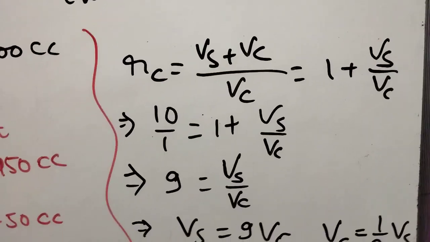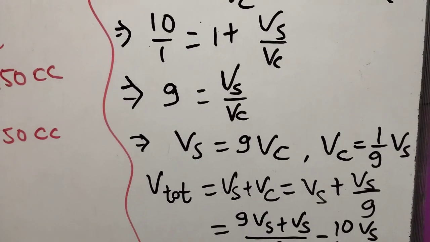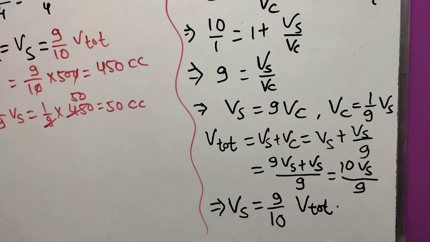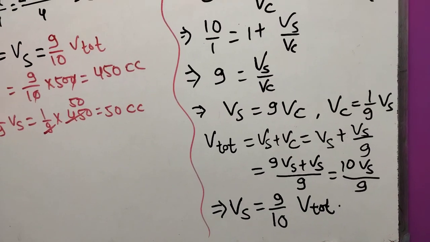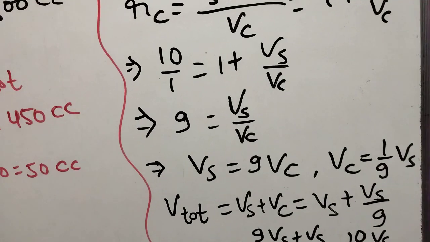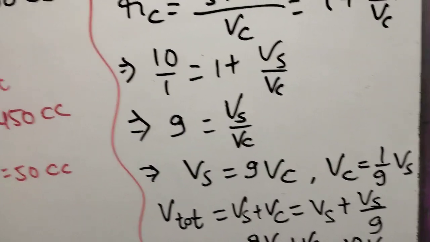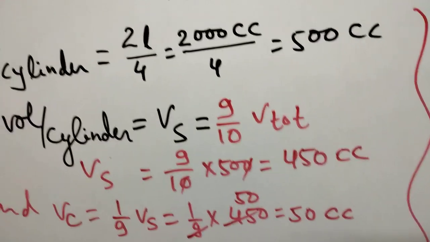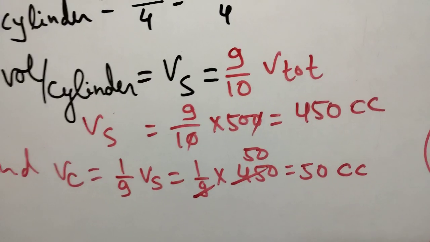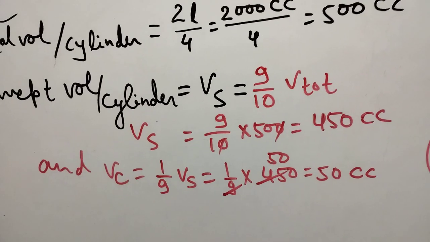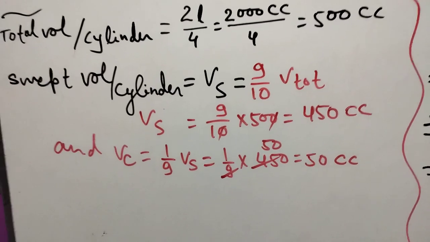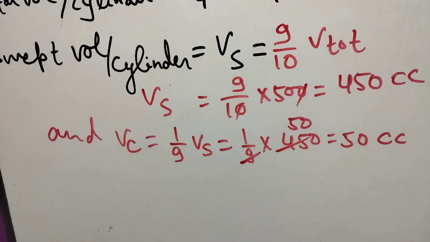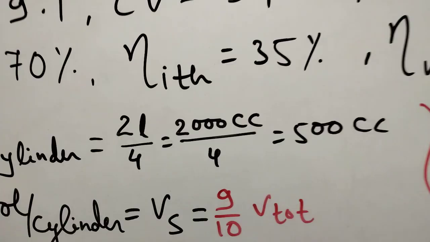Then rearranging the equation, we find Vs equal to 9 by 10 V total, and Vc equal to 1 by 9 Vs. Put the value, Vs equal to 9 by 10 V total. This value is 450 cc, cubic centimeter, and the clearance volume is 50 cc. Therefore, total volume is 500 cc.